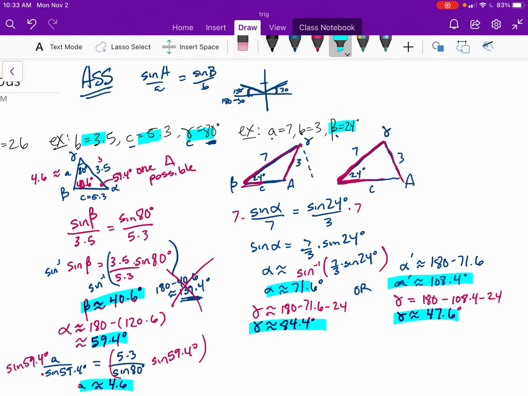So regardless, in both of these now, I'm just missing side C, little c. So we're going to use, again, I think it's best to stick with the original information. So I don't know little c over sine gamma 84.4 equals little b over sine beta.